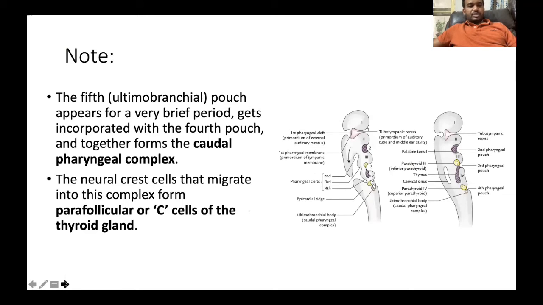One thing has to be noted: the fifth pouch, which is the ultimobronchial pouch, appears for a very brief period and gets incorporated with the fourth pouch. Together the fourth and fifth pouches form a complex called the caudal pharyngeal complex.